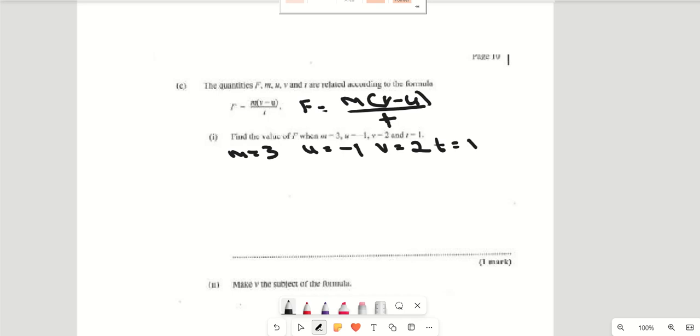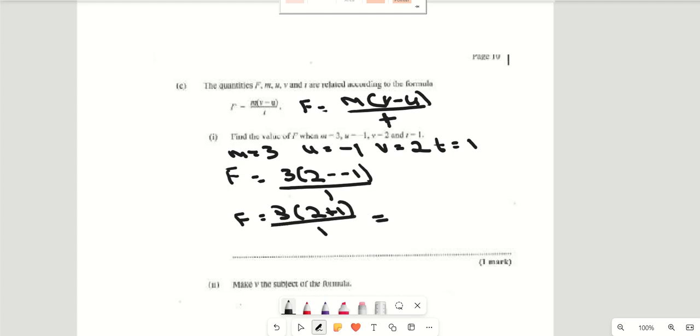So we know that the formula is here, so therefore F would be equal to 3 open bracket V, which is 2, minus minus 1 close bracket all over 1. So F would be equal to 3 open bracket, that's 2 plus 1 all over 1, which would be 3. 2 plus 1 is 3, so it would be 3 multiplied by 3 all over 1, which is equal to 9.